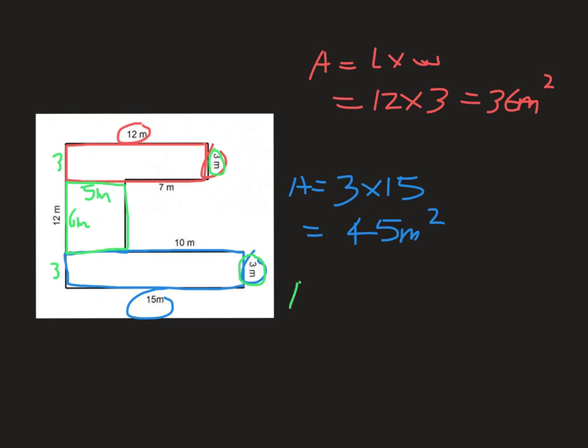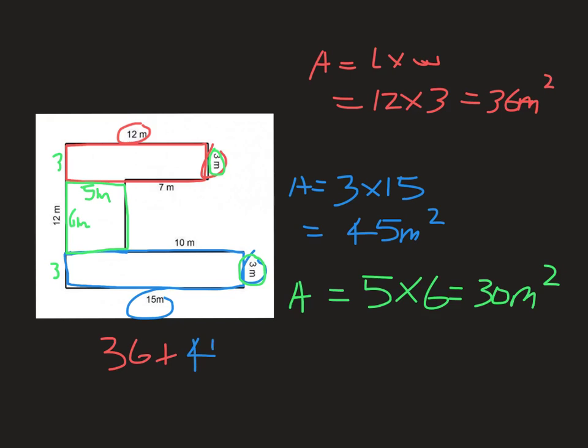So the area of the green part is going to be equal to 5 times 6, which is going to be equal to 30 square meters. Again, to find the answer, let's add them all together. So 36 plus 45 plus 30 meters squared.